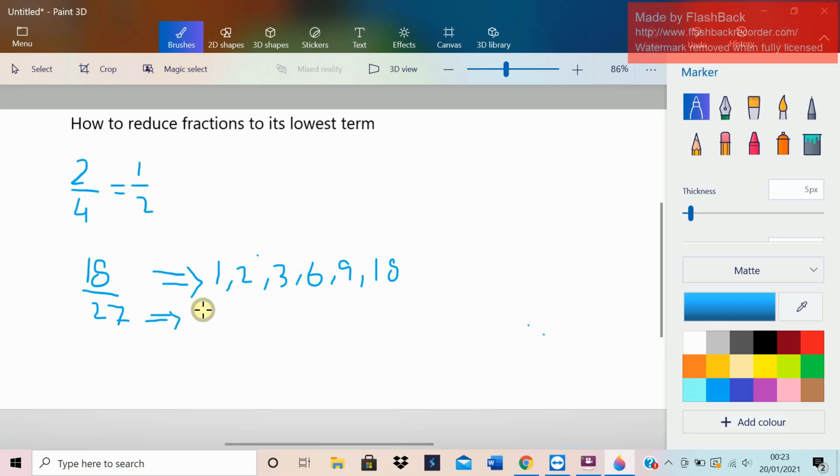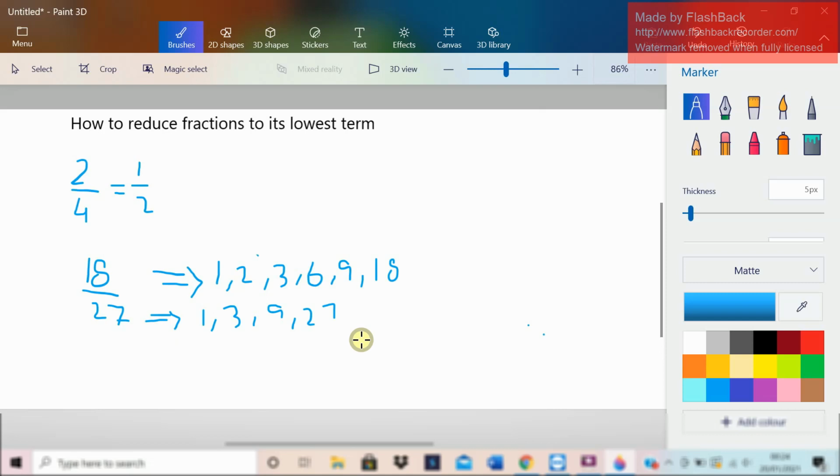we have 1, 3, 9, and 27 itself. So 1 times 27 equals 27. 3 times 9 equals 27. 9 times 3 equals 27, and 27 itself one time.